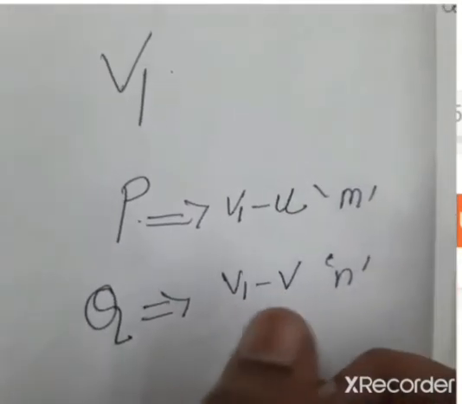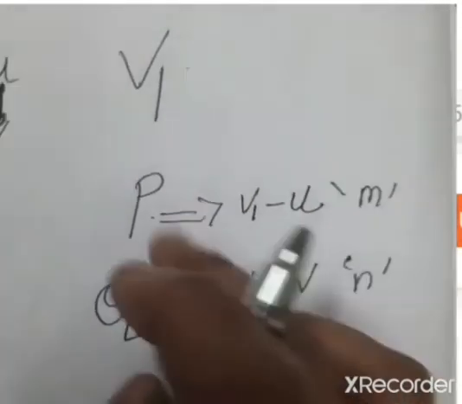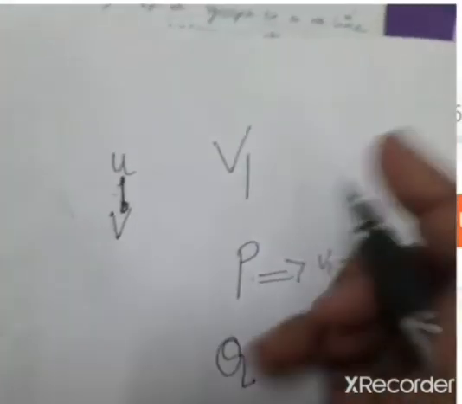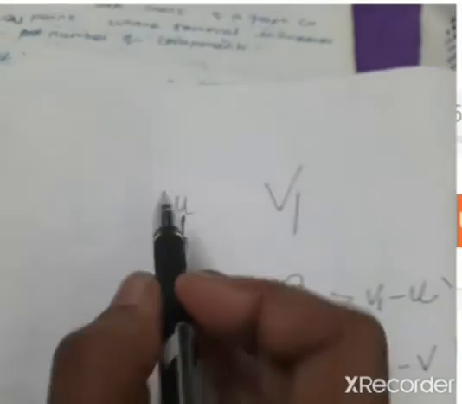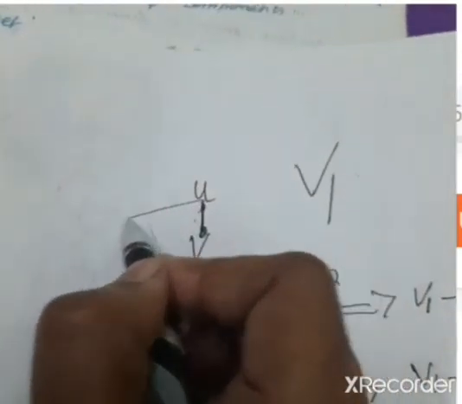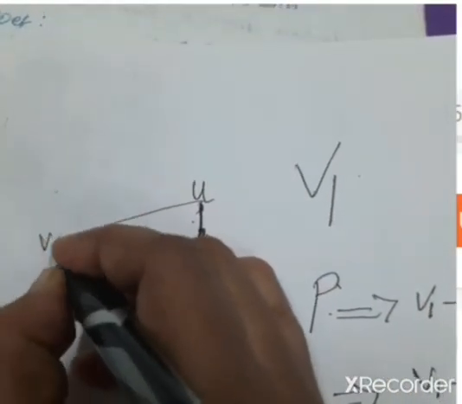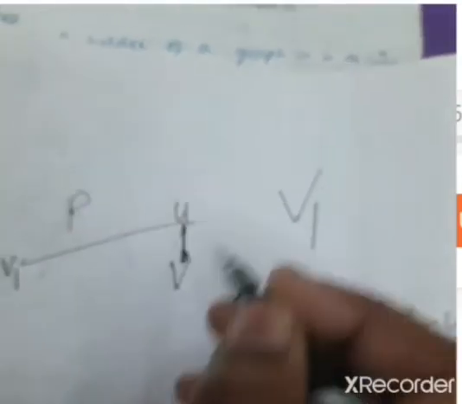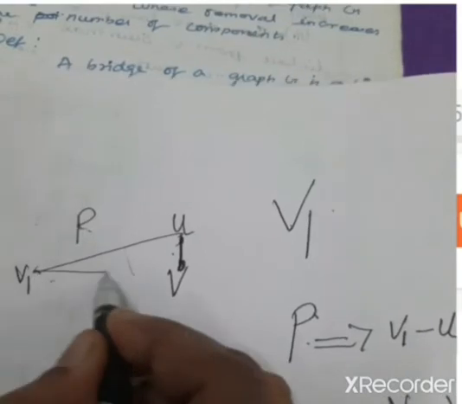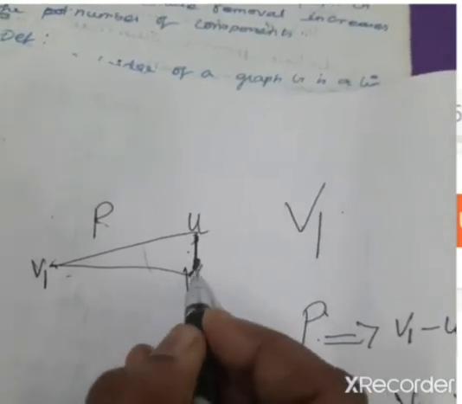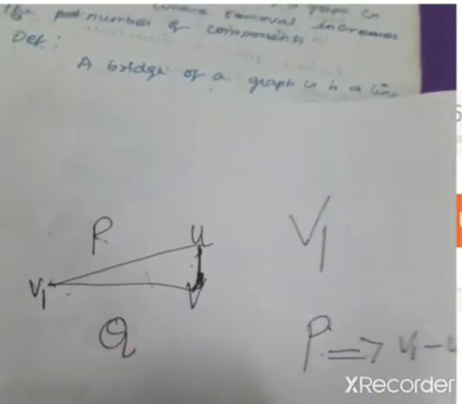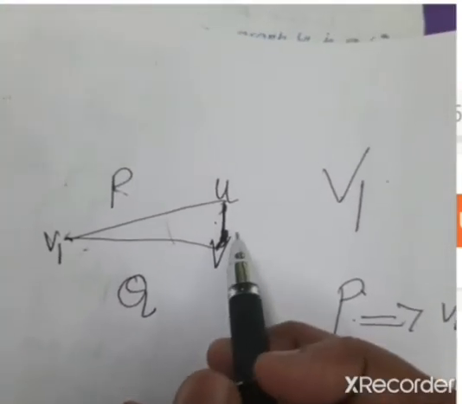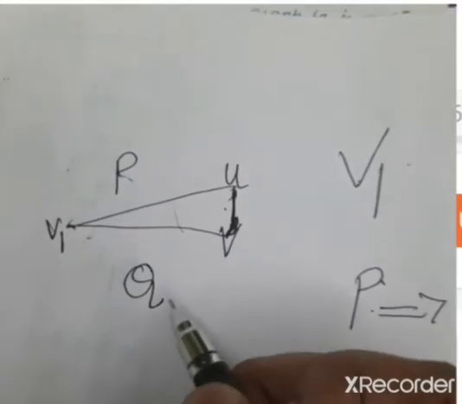As it is a connected figure, a shortest path exists. One can have a path of this form. So let us have V1 to U. So I have U already. Say a point V1. Say V1 to U is a path P. V1 to V is a path Q. This is always possible because we have considered a connected figure for our discussion.